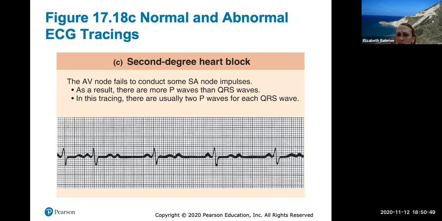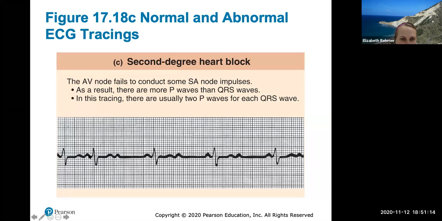Here's a second degree heart block, which has to do with your AV node failing to conduct some SA node impulses. So again, the impulses are getting from your SA node to the AV node, but at the AV node, there's something wrong, and it's blocking the impulses getting down to the ventricles. You can see that here because you'll notice a flat area where you don't have a QRS complex.